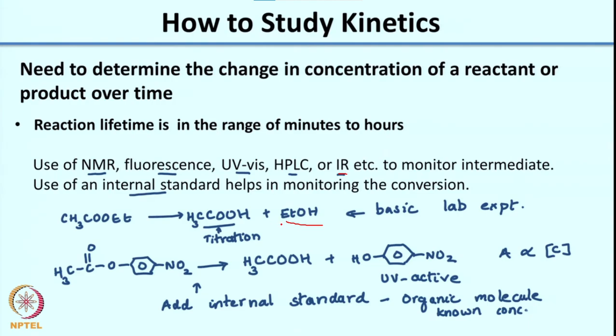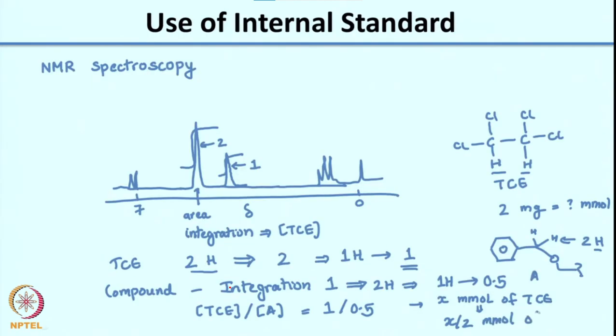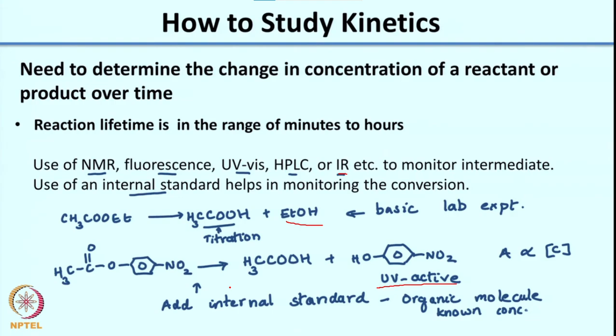So we cannot use UV visible spectroscopy here, but when any conjugated system is there, then it will give UV activity. So in a similar case, you can see here we have a benzene ring, an aromatic ring, which will give the UV activity. So we can observe this product formation with UV spectroscopy. So we can add an internal standard in this type of reaction, which is a known molecule of known concentration. A known molecule, known concentration is used as an internal standard.